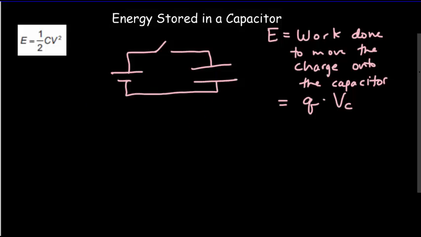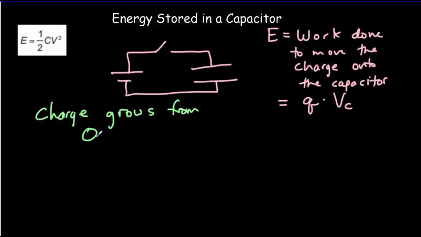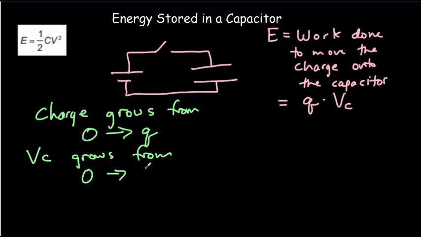So the charge, as we throw that switch, grows from 0 coulombs to Q coulombs. And as that happens, the voltage across the capacitor grows from 0 volts to the voltage of the battery. This V being the voltage of the battery as compared to VC, the voltage of the capacitor. They're not the same until the capacitor is fully charged.